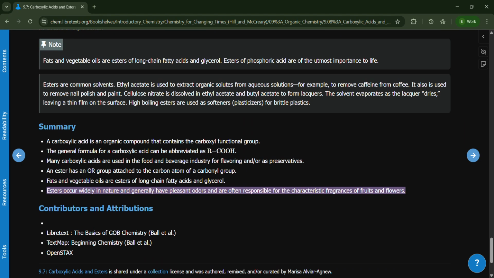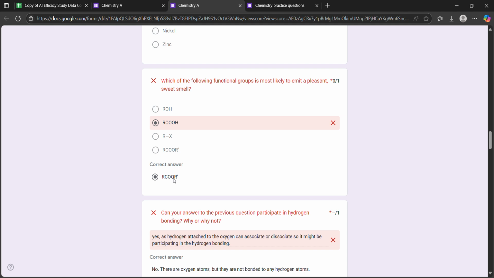In summary, a carboxylic acid is an organic compound that contains the carboxyl functional group. An ester has an OR group attached to the carbon atom of a carbonyl group. Okay, so this is important. Has an OR group. Yeah, as we can see, I think this is the OR group.